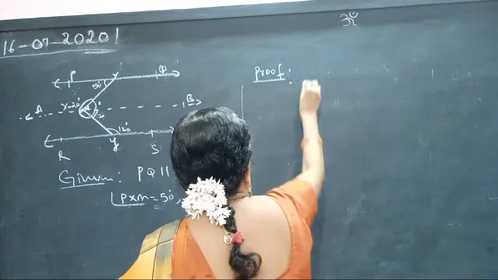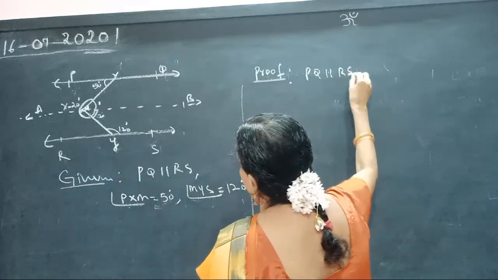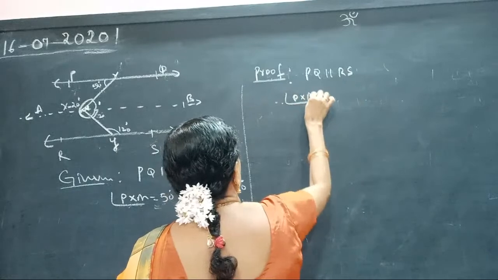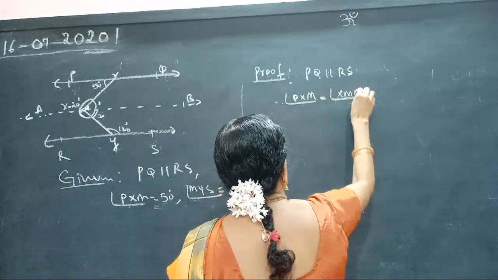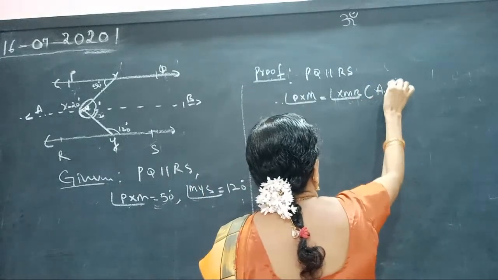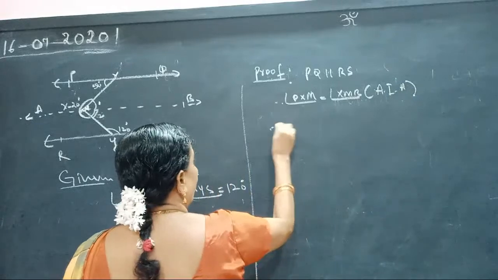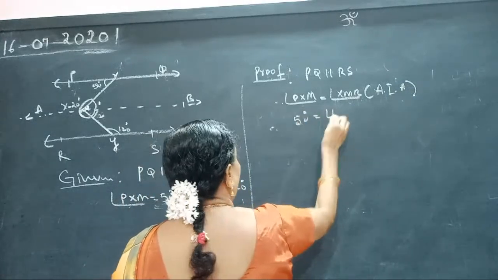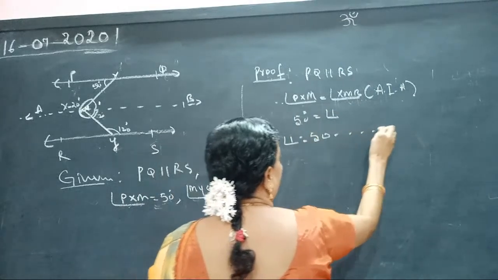You write PQ parallel to RS. Therefore, angle PXM equals angle XMB. Reason, alternate interior angles. Therefore, 50 degree equals angle 1. Angle 1 equals 50 degree.